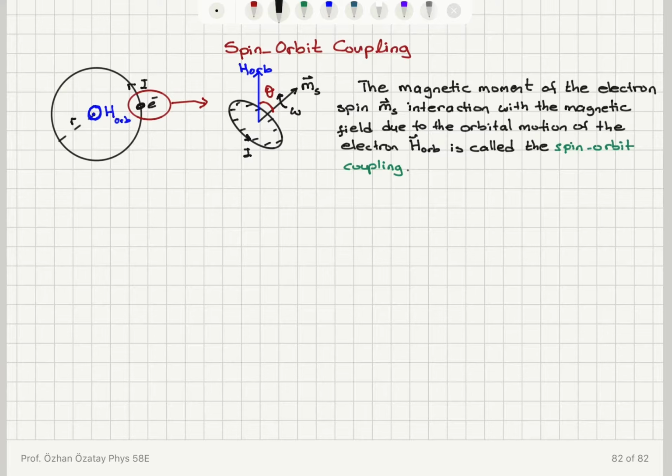If you remember, in our classical model, we have considered the electron to be a disk which has its charge uniformly distributed in the perimeter of the circle, and it rotates around the z-axis, and it creates a magnetic moment due to the spin angular momentum of the electron, basically creating a current. Current multiplied by area is the magnetic moment due to spin.